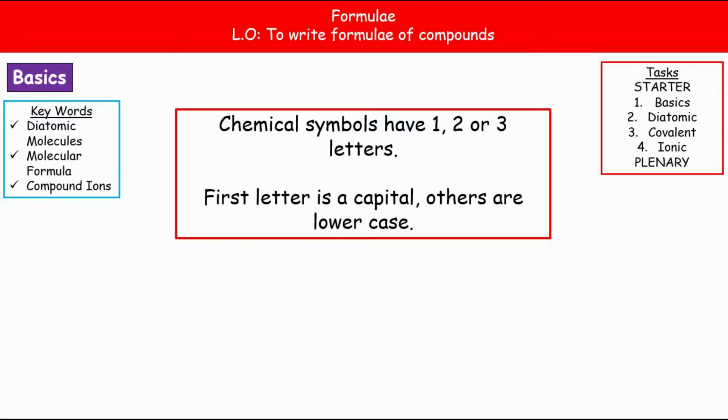So the first letter of any element symbol will be a capital letter, and if it has a second letter, then it's going to be lowercase. You're not going to be asked to write any with 3. I've not seen it yet on a GCSE paper, but if you did, again, lowercase for the third. So first letter, always a capital, others always lowercase. So make sure you've got those 2 points written down.